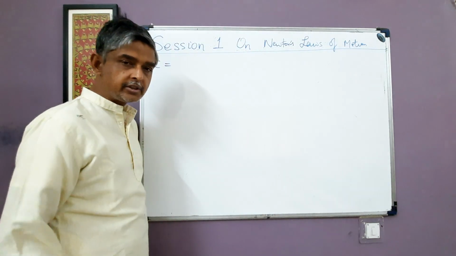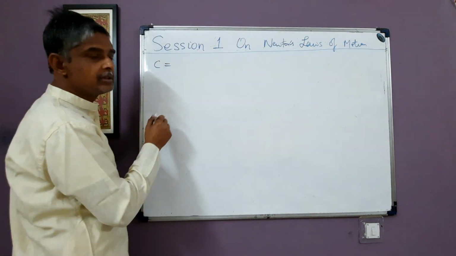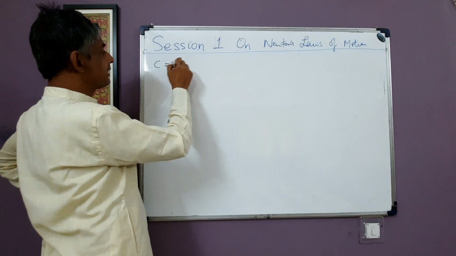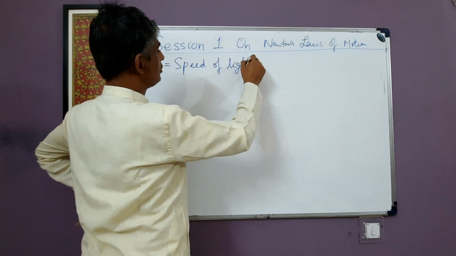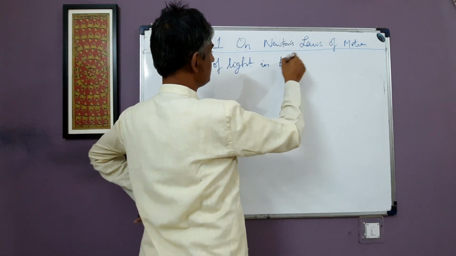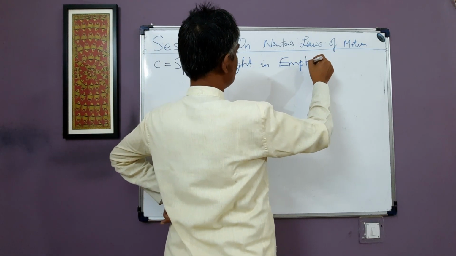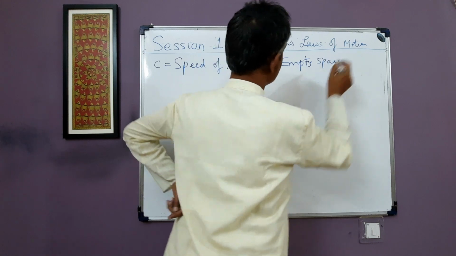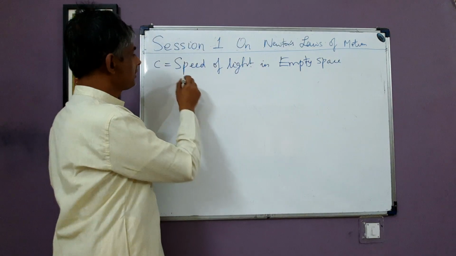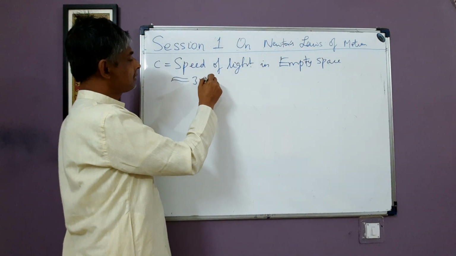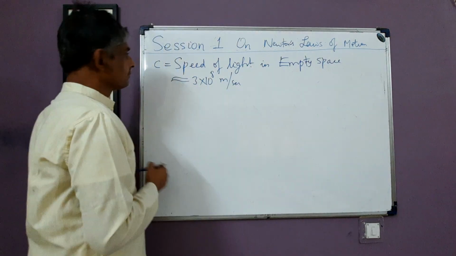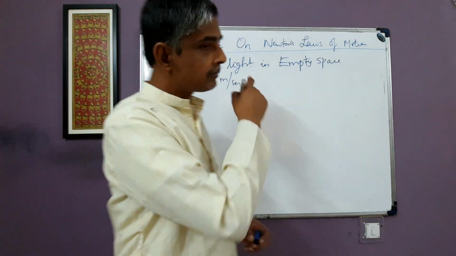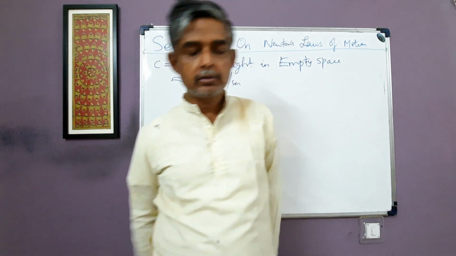I'll write it like this: speed of light in empty space, a fundamental constant, roughly 3 × 10^8 meters per second.